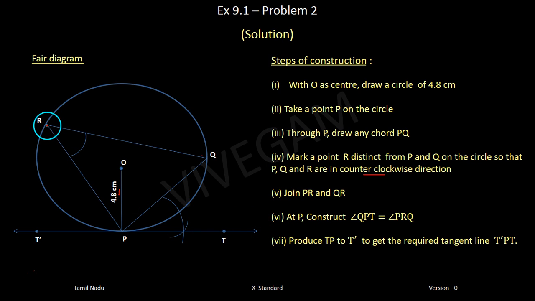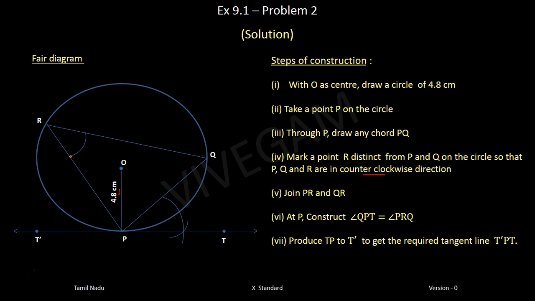From point R, with R as the center and X centimeters, maybe 1 centimeter or 2 centimeters, whatever suits you, draw an arc which is cutting these two lines. With the same radius from P as the center, draw another arc. Then measure the length of this chord.